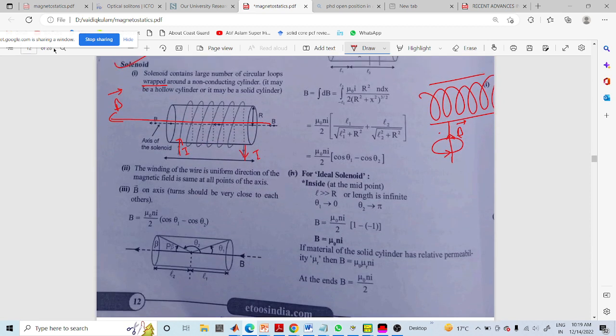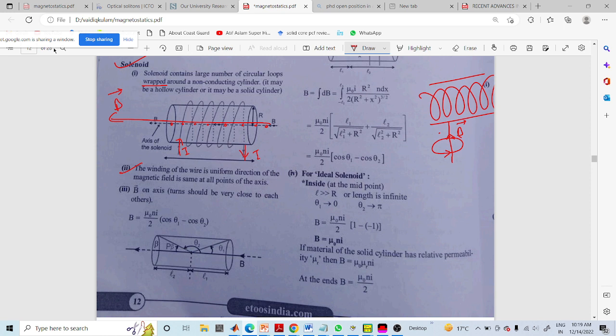Now the second point: if the wire is wound uniformly, the magnetic field is the same at all points of the axis. That is, if your wire is wrapped uniformly, then at any point on the axis you find the magnetic field, it will be the same, right? That's written in the second point.